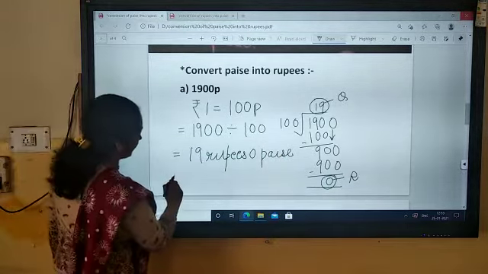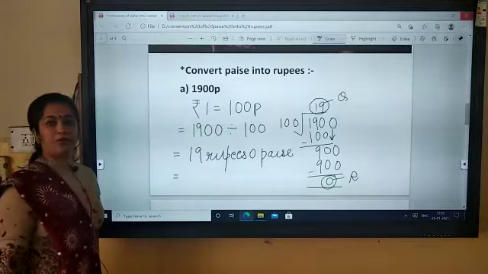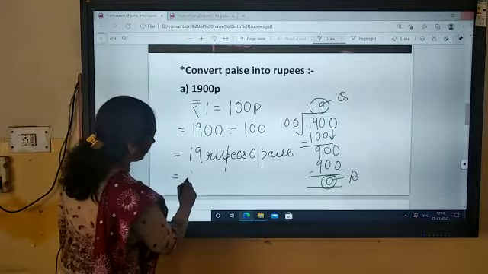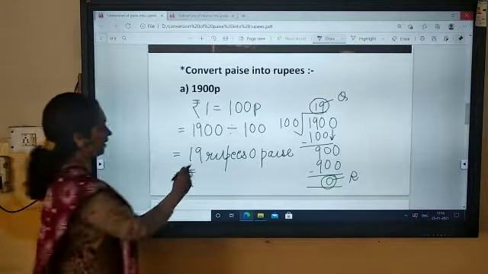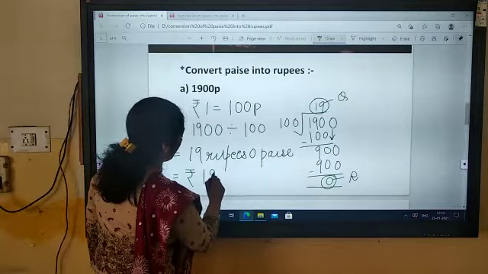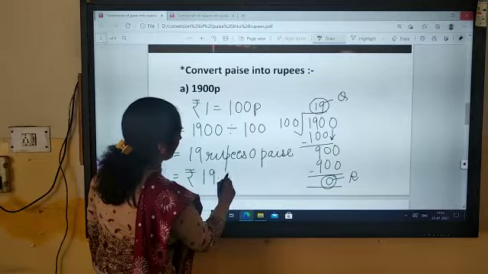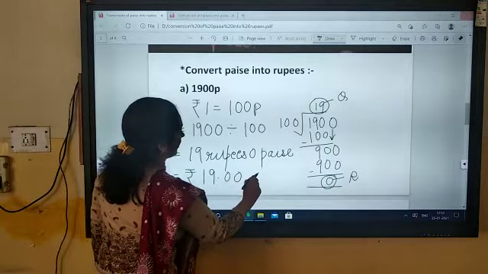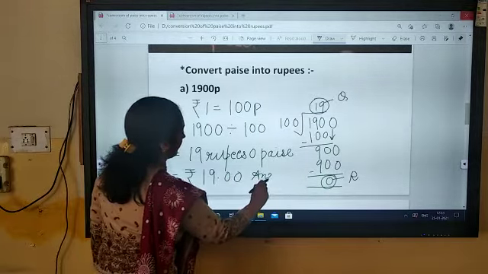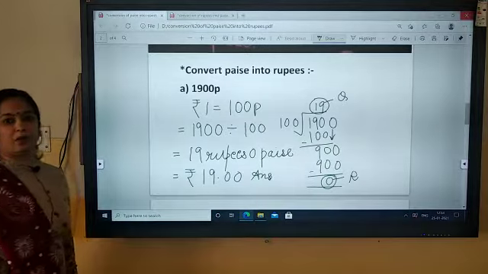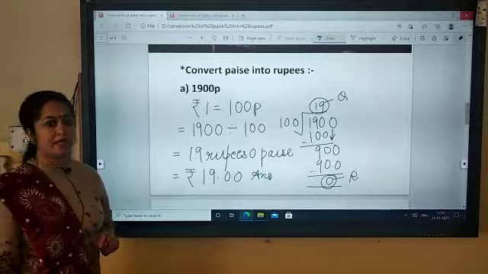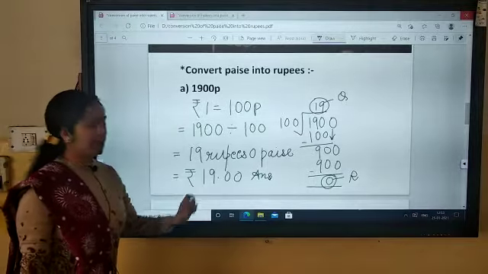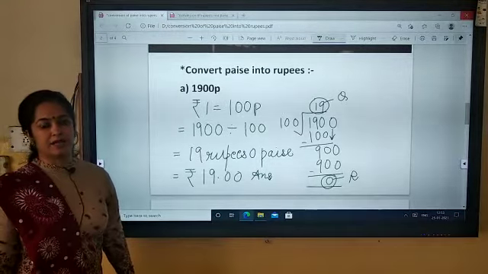Now we will write this amount in short form. We put the rupee symbol and 19.00. This is our answer. So when we convert 1900 paise into rupees, we get 19 rupees as our answer.